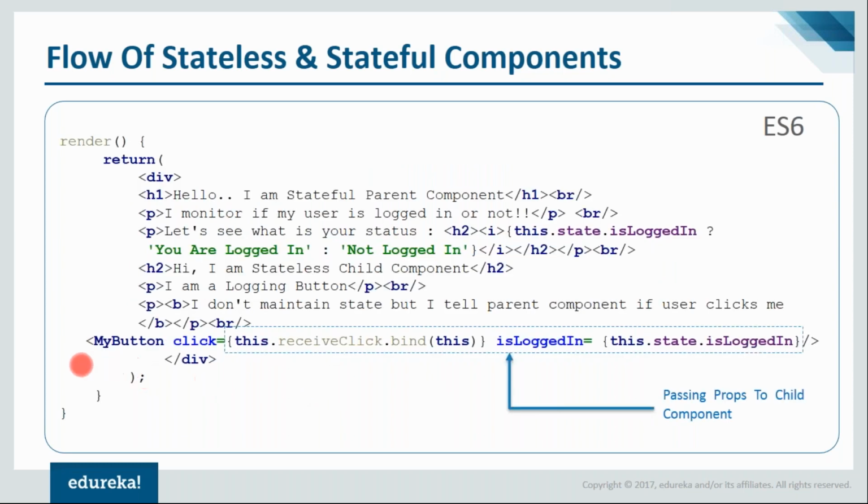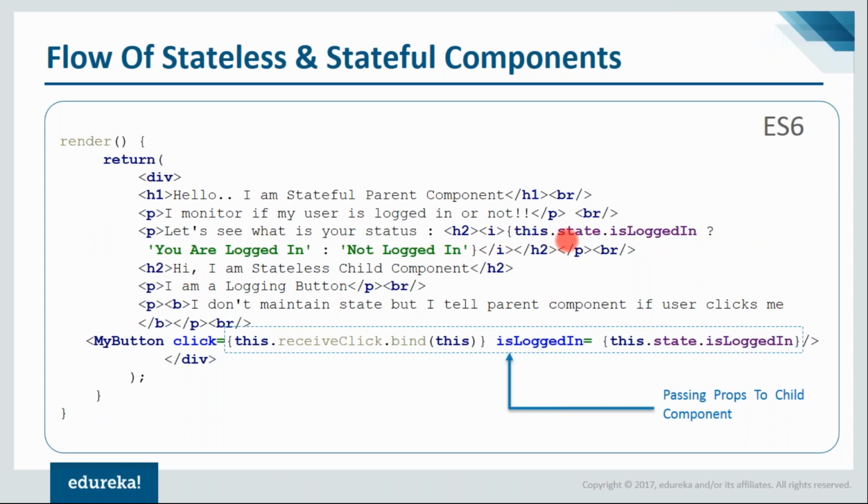Before I explain how it goes on to the child component, let me explain what is there inside the render function. Inside the render function, I have a number of HTML tags which I have defined inside the enclosing tags. I've first of all said, hello, I am a stateful parent component, which it's true. And then it says I monitor if my user is logged in or not. And then it says let's see what is your status. What I'm doing here is it prints the current status based on a conditional statement.